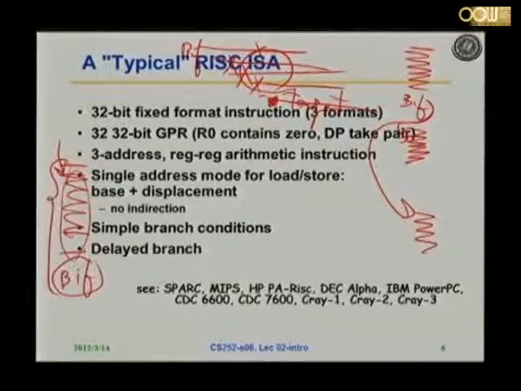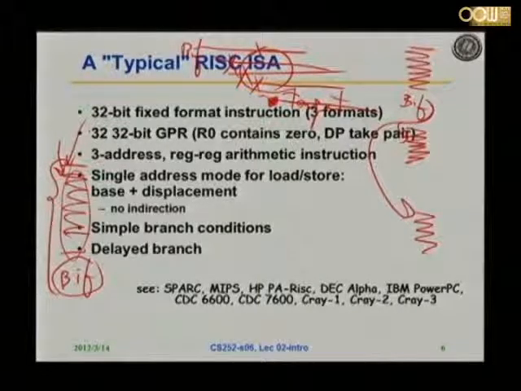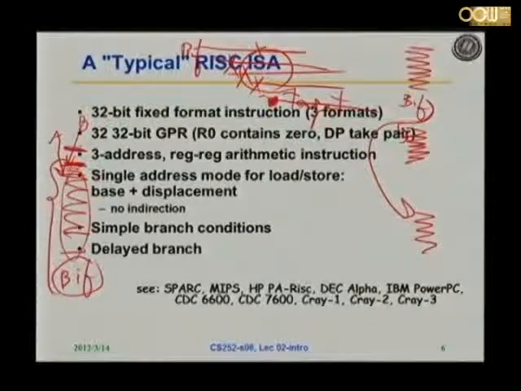Another condition is there could be two sources of entrance into this string. It could come from place A or from place B. In other words, the preceding instruction may or may not be executed together with this group.